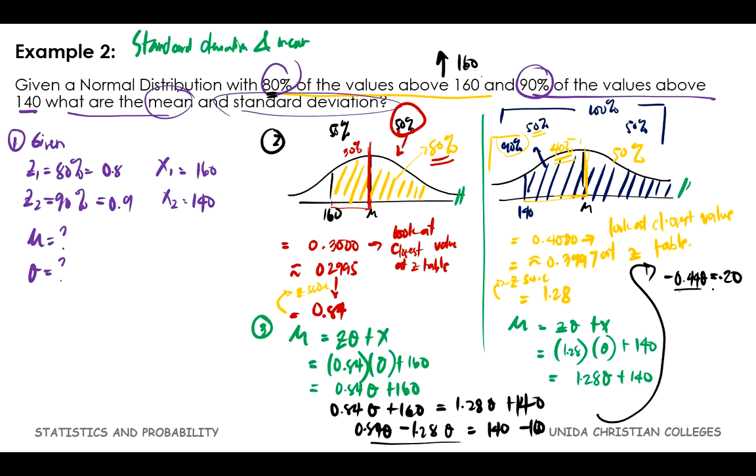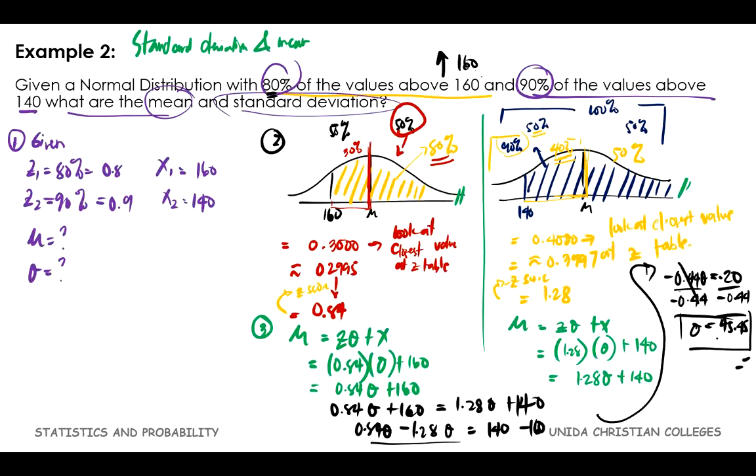Then, divide both sides by negative 0.44. Negative 0.44, makakancel natin to, may iwan si standard deviation. Then, get the quotient of negative 20 over negative 0.44. Okay po? So, you will get 45.45. So, this is our standard deviation.